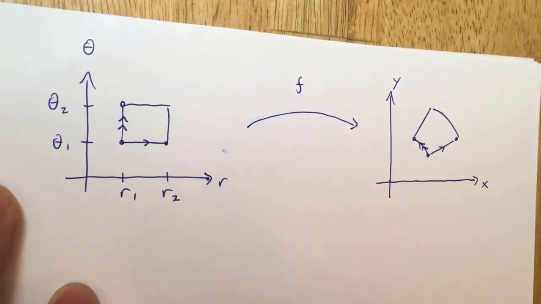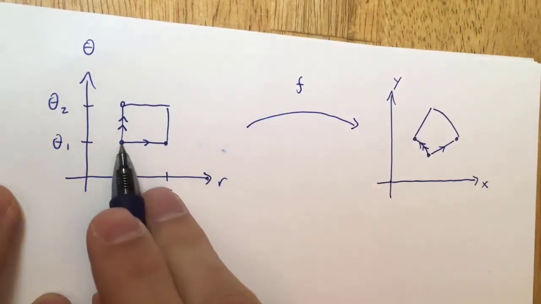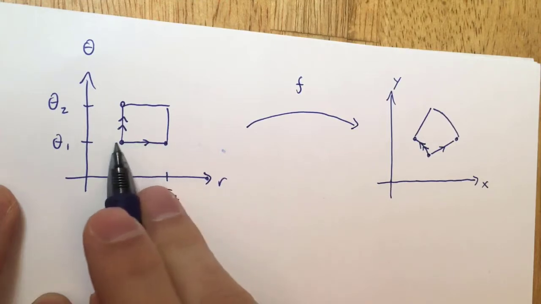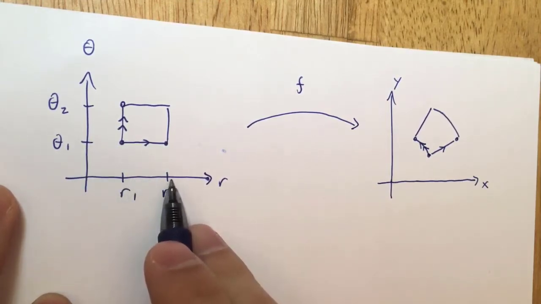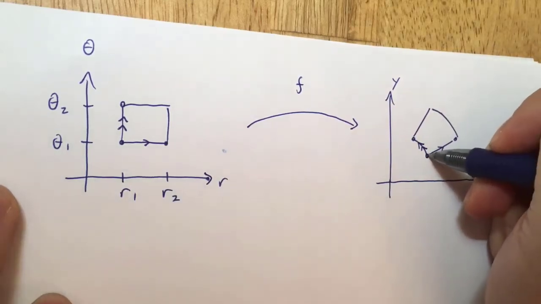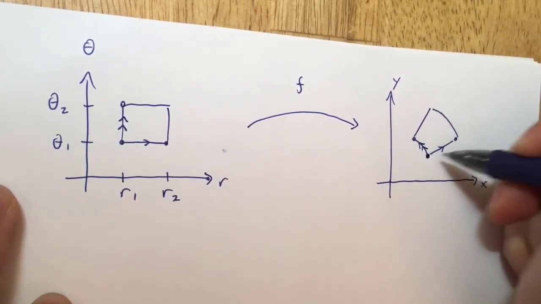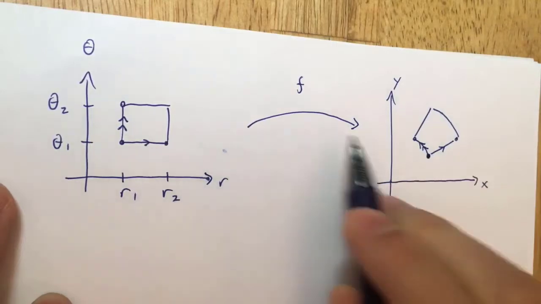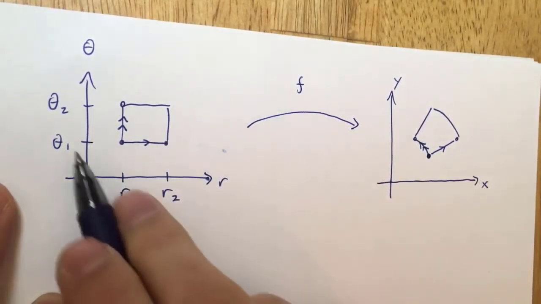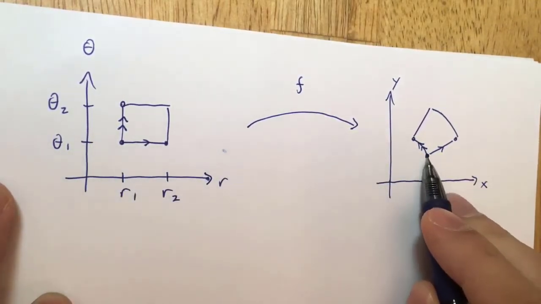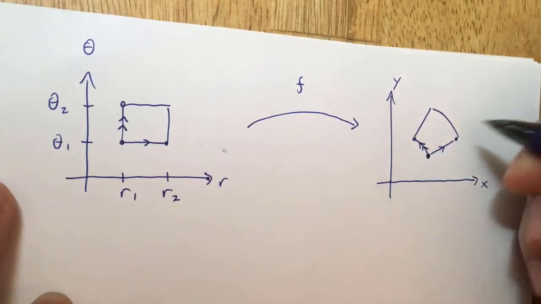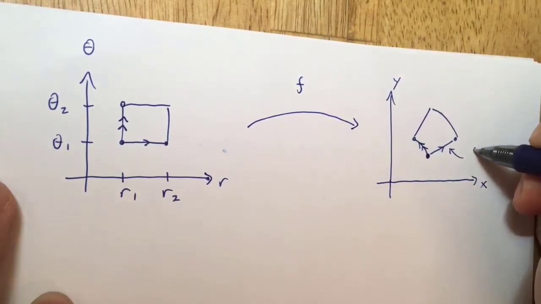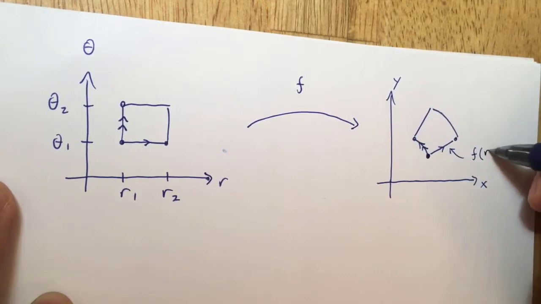And if I think about what happened when I moved from here to here, well, theta 1 is fixed and the r is changing. So you see this point right here, this is just f of r1, theta 1. That's what got me here. And as I move along this, I'm changing my r. So this line segment here is f of r comma theta 1. Theta is fixed.